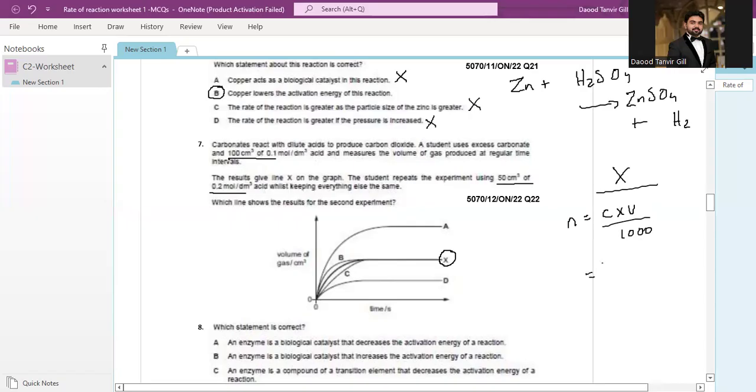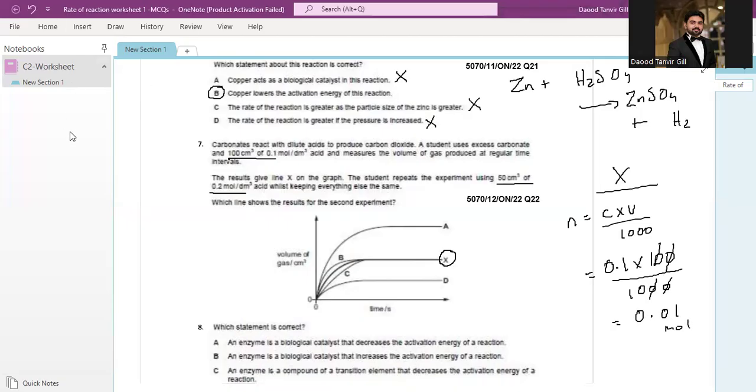The concentration is 0.1 in X and the volume is 100 cm³. We will do the calculation. I will just cancel out the zeros to make the calculation simpler, and the answer will be 0.01 mole.